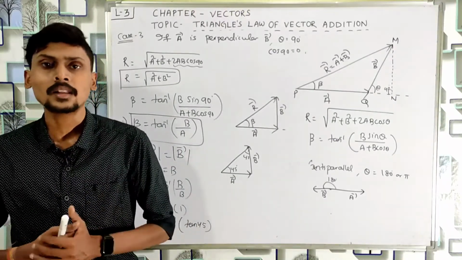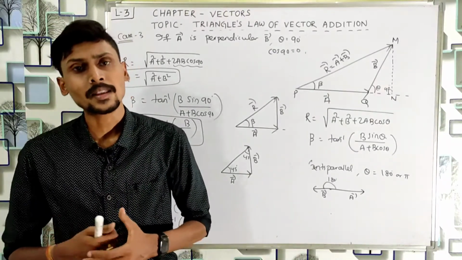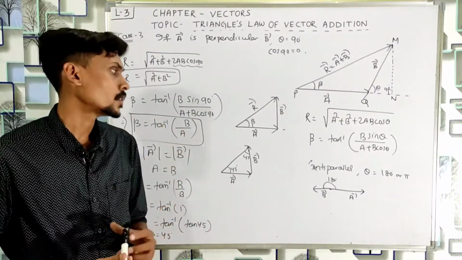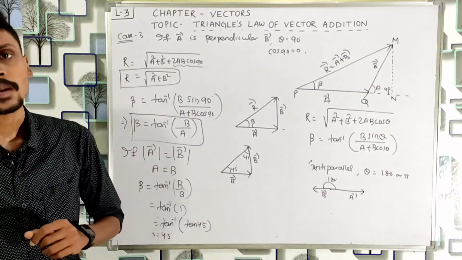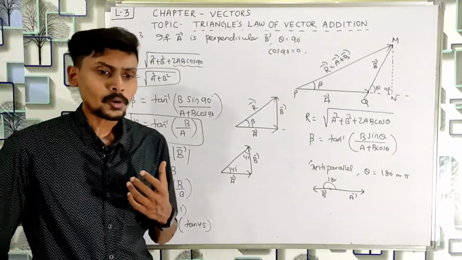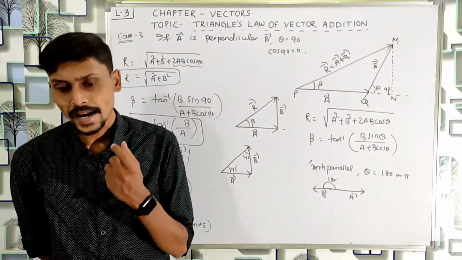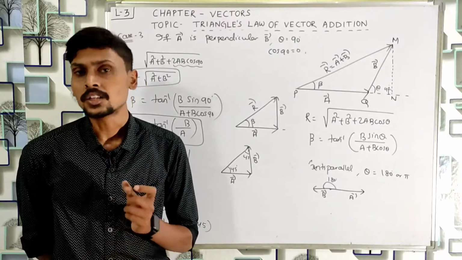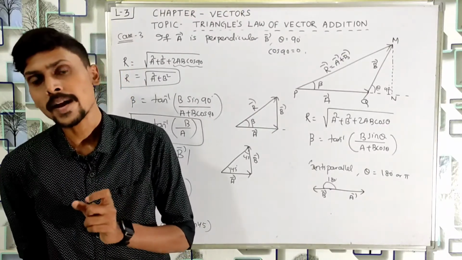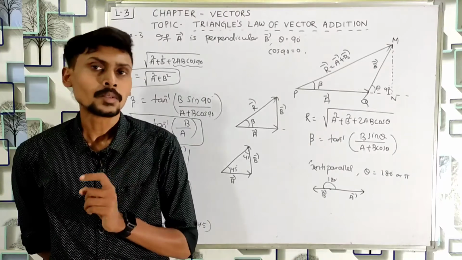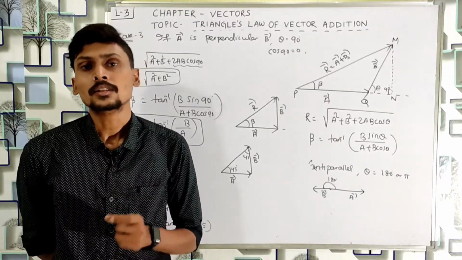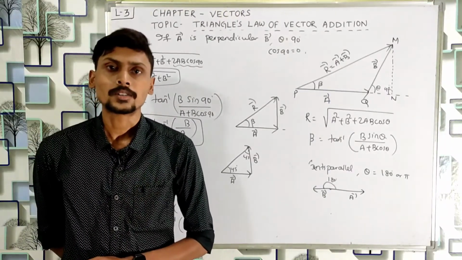When they are anti-parallel, the magnitude of resultant is a minus b, and when they are perpendicular, the magnitude is square root of a square plus b square. So from this discussion, we came to know that addition of two vectors is not only the addition of their magnitudes, it also involves the direction, the angle between the two vectors.